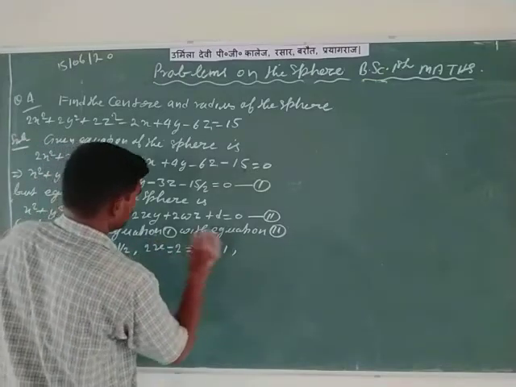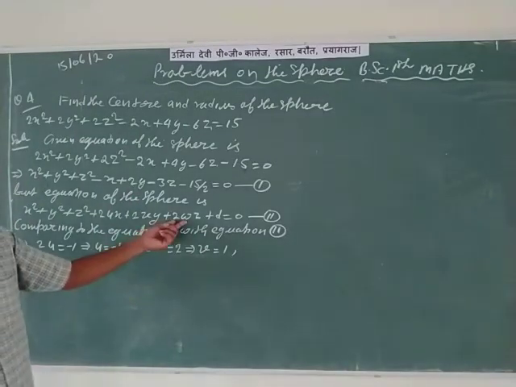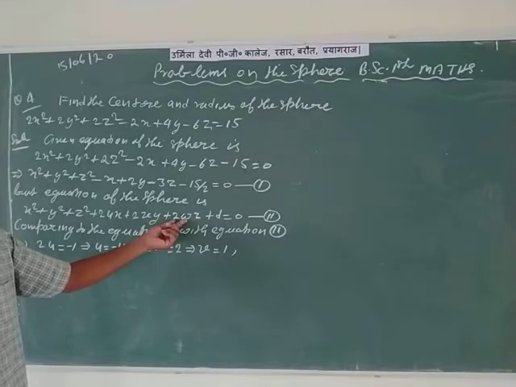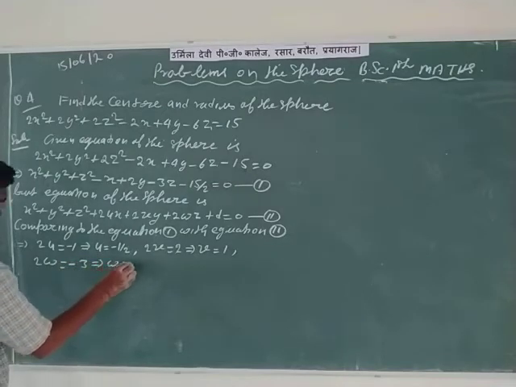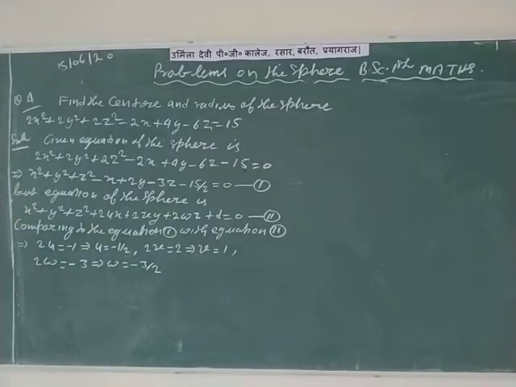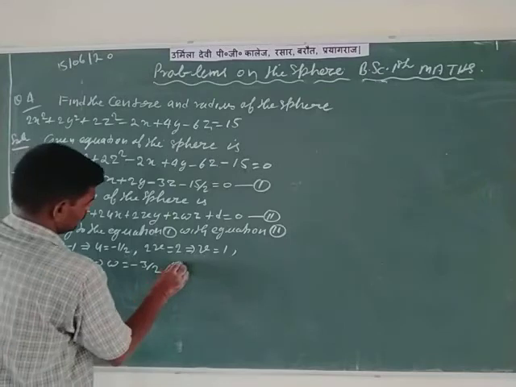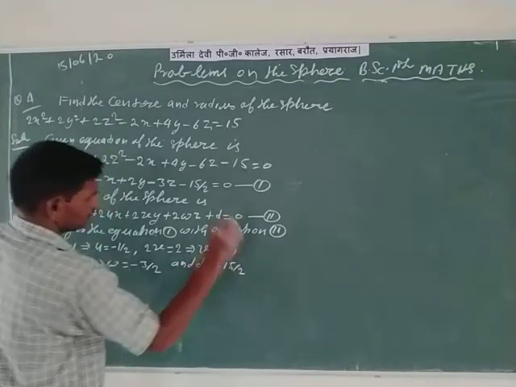And at last 2w is equal to the coefficient of z, which is minus 3 from the first equation. So it implies w is equal to minus 3 by 2. And at last d is equal to minus 15 by 2.